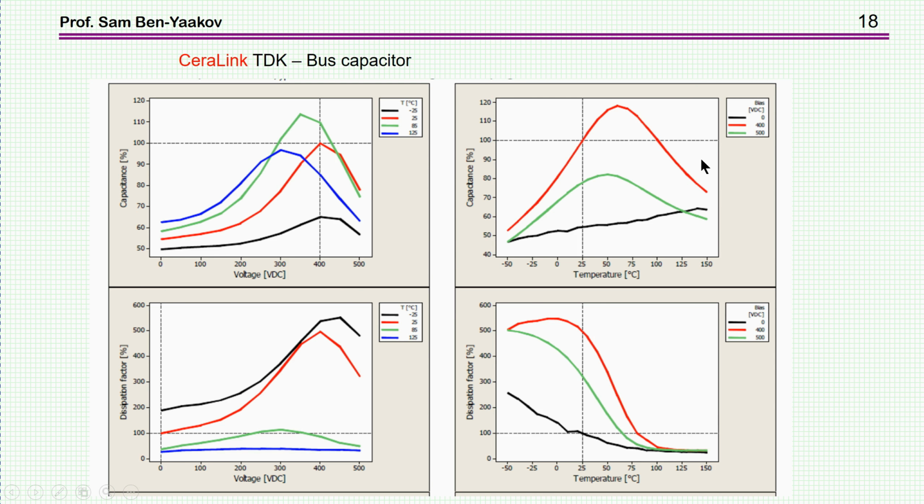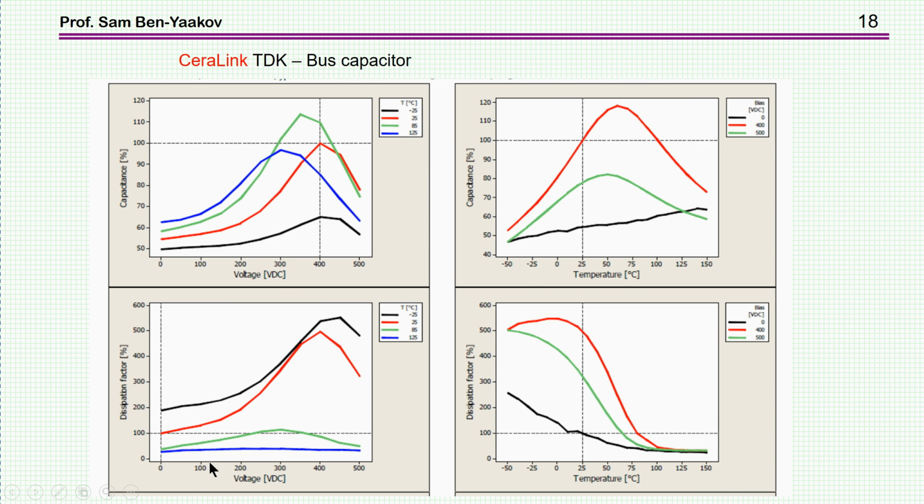So the 400, here it is, 400 volt. This is the unit, and you see a big change with temperature. This value here is the nominal value, and this is the change below and above this value. And if we look now at the dissipation factor, it's also a big change.